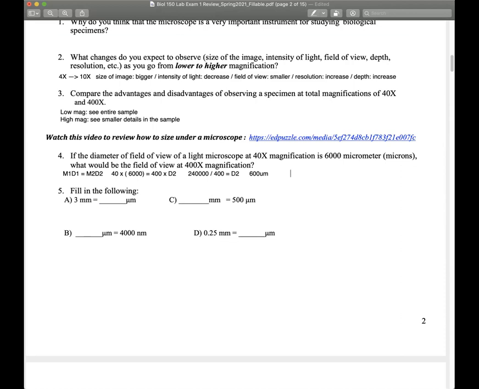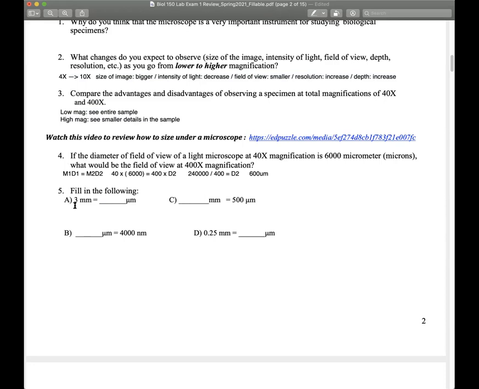So we have 3 millimeters, and then we are going to multiply that by 1,000 because there are 1,000 micrometers in a single millimeter.